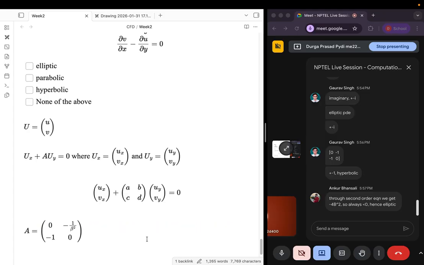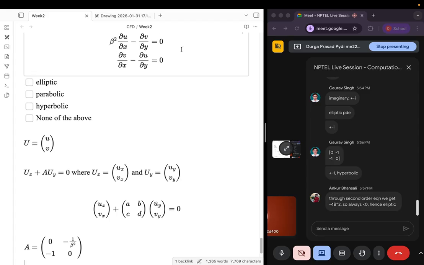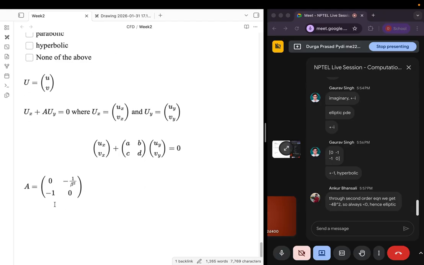It should be something like this. If you substitute this here, the first equation has Ux minus 1 by beta square times Vy, which gives you the first equation. The second one is Vx, and C is minus 1, Vx minus Uy equal to 0. So this will be the matrix A, and with this matrix you can calculate the eigenvalues.